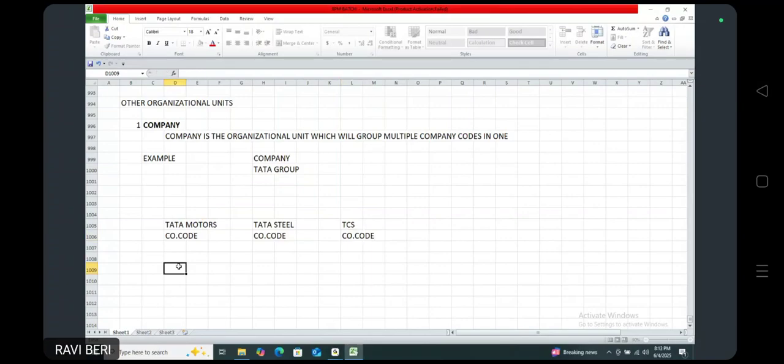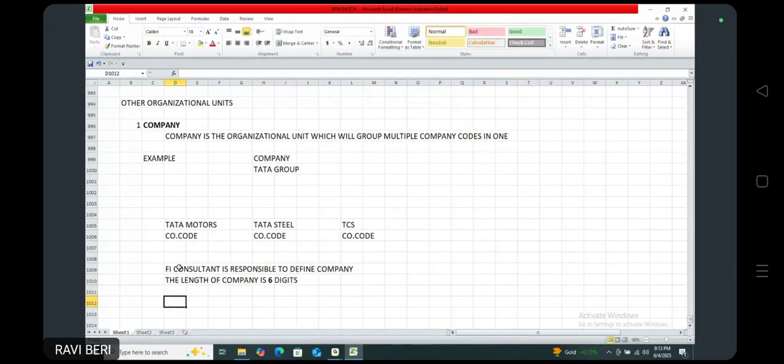FI consultant is responsible to define company. The length of company is 6 digits.